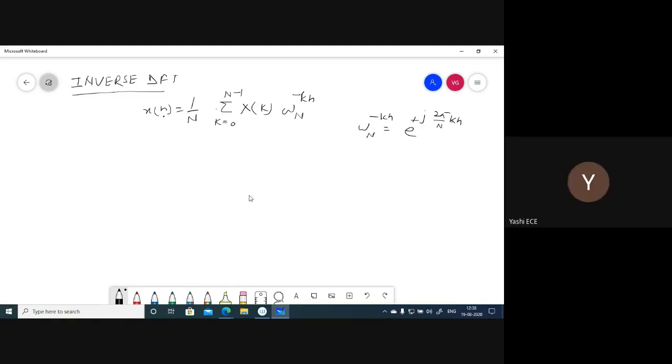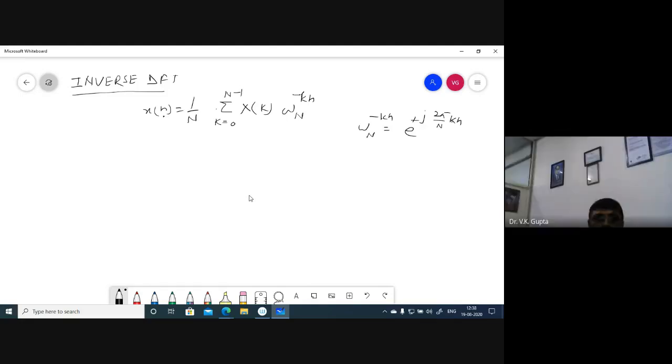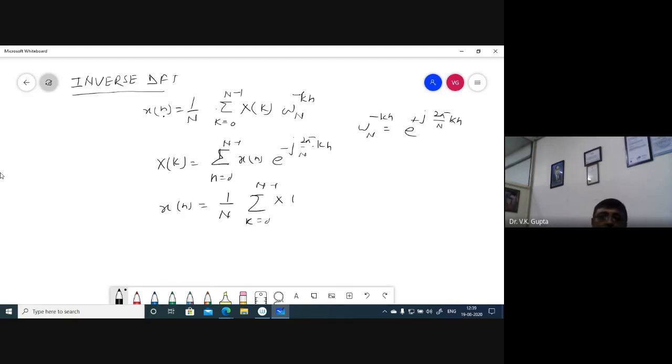So sir, why is there a minus k here? Look at the derivation we did initially: in the inverse DFT formula, e has a plus sign. We have two formulas. When we derived, the DFT formula is X(k) equal to sigma n equals 0 to N minus 1 x(n) e to the power minus j 2 pi by N into kn, whereas for inverse DFT, we derived 1 upon N sigma k equals 0 to N minus 1 X(k) into e to the power j 2 pi by N into kn.